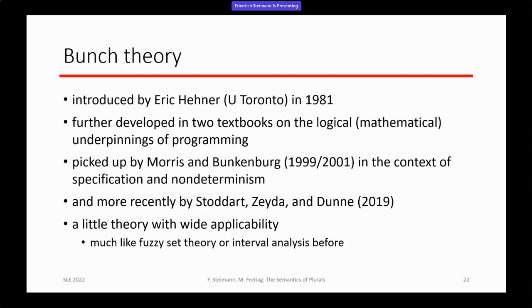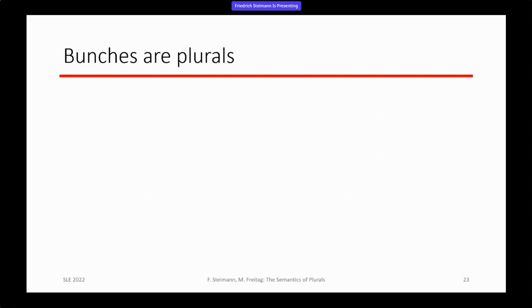And that's one of the main reasons why we wrote this body of knowledge article, because we wanted to add the knowledge about this bunch theory and how it serves as plurals in computing to the SLE audience.